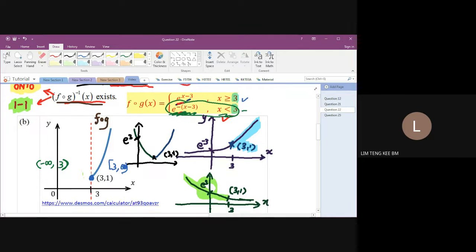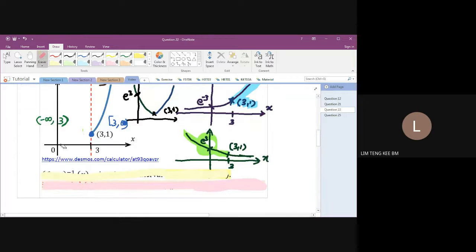And therefore, we come to the conclusion that the inverse exists for the interval negative infinity to 3, not including 3, or 3 to infinity.